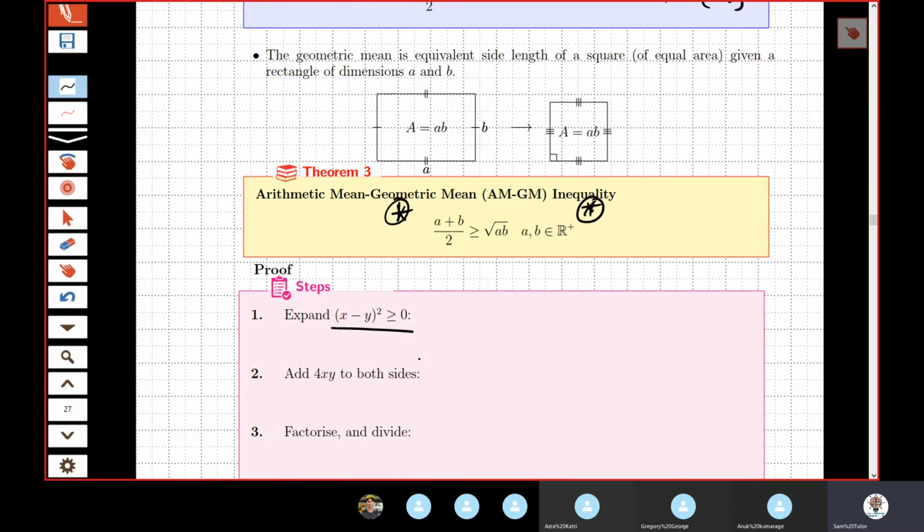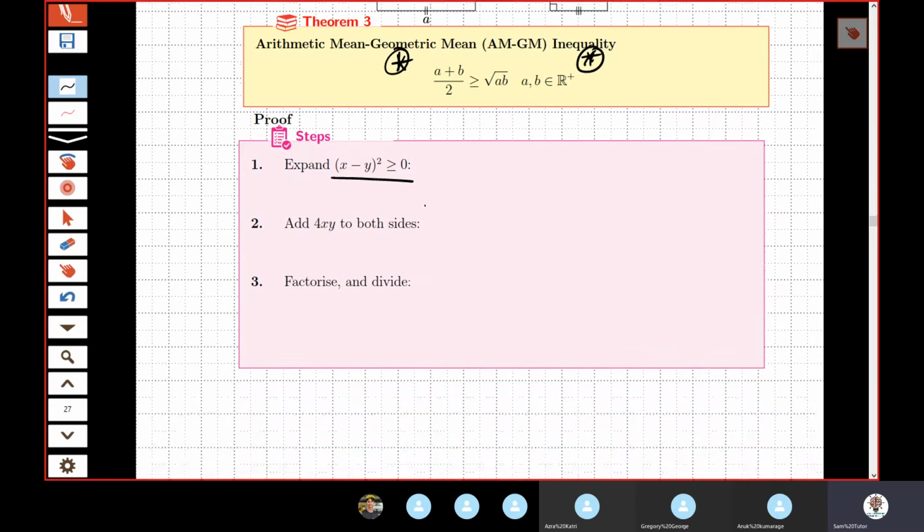So let's do this. X minus y all squared is greater than or equal to 0, right? From that, we expand and we can conclude X squared minus 2xy plus y squared is greater than or equal to 0.